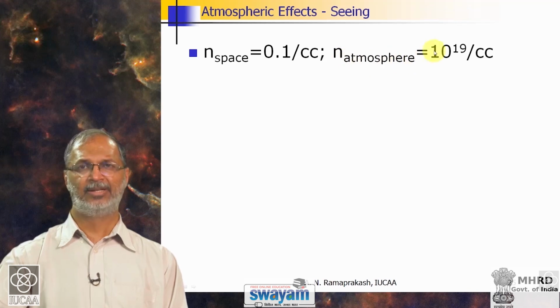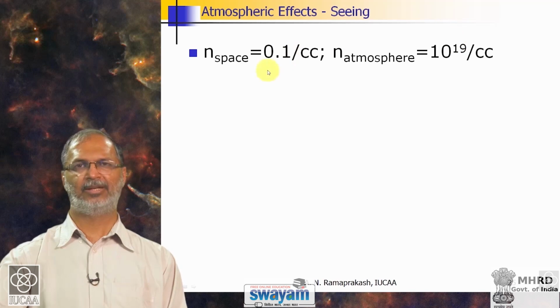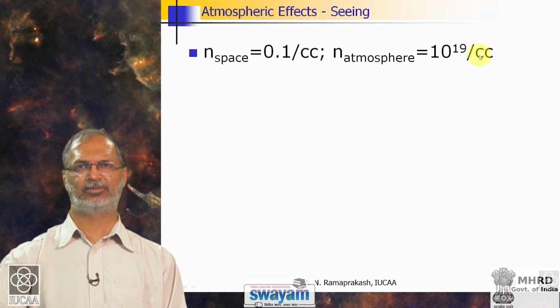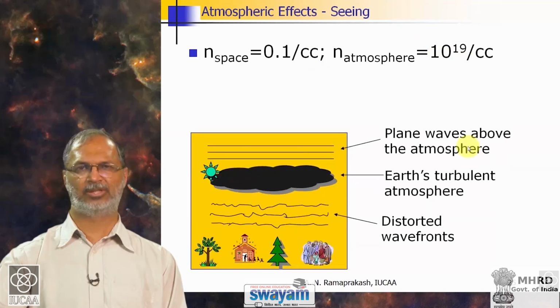On the other hand, on Earth, the number of particles per centimeter cubed could be as large as 10 to the 19, which means the atmosphere is a medium which is 10 to the 20 times denser than empty space out there. Empty space still has some particles, but it is so low in density that you can practically consider it empty space, which is not the case with the atmosphere. So, the light has to pass through this very dense atmosphere compared to space.